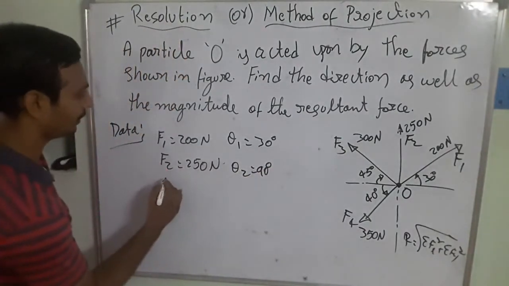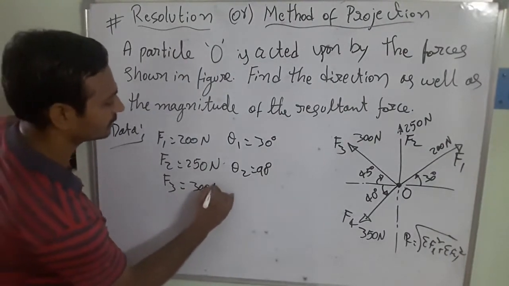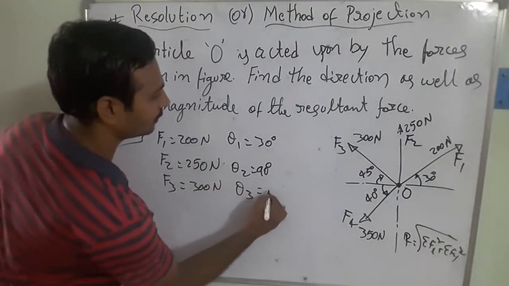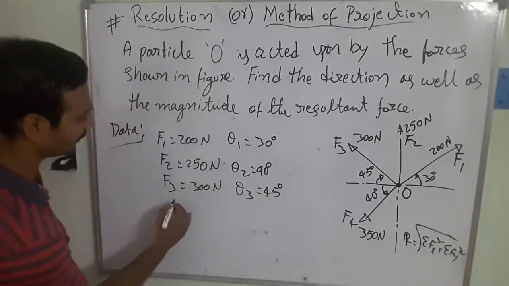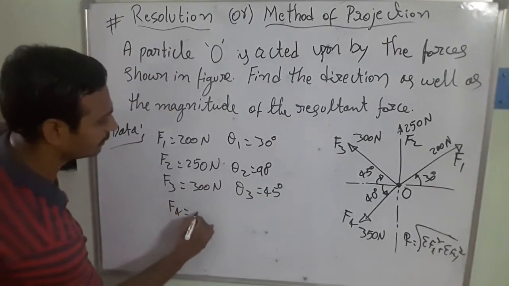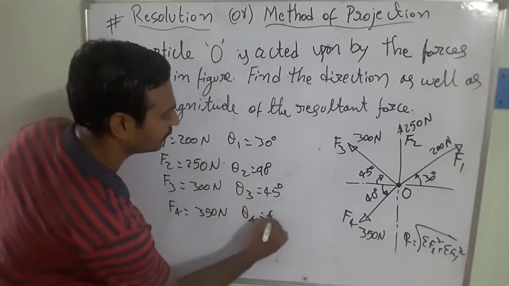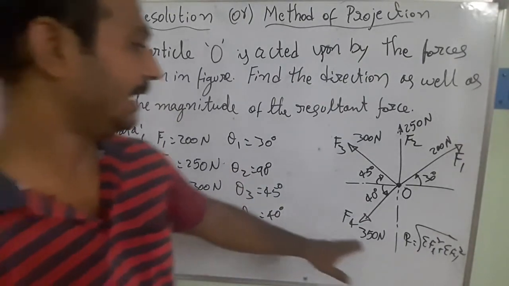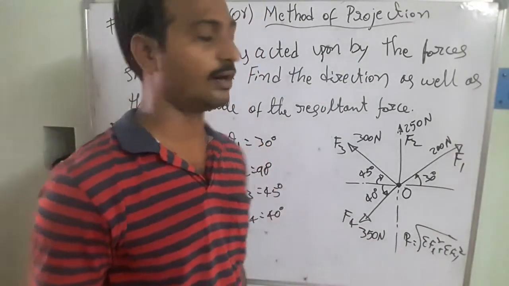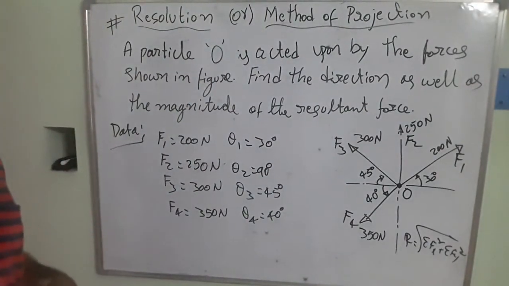Similarly, F3 is equal to 300 newtons and theta 3 is equal to 45 degrees. F4 is equal to 350 newtons and theta 4 is equal to 40 degrees. With the help of this, we need to calculate the summation of the forces in the horizontal direction as well as in the vertical direction.